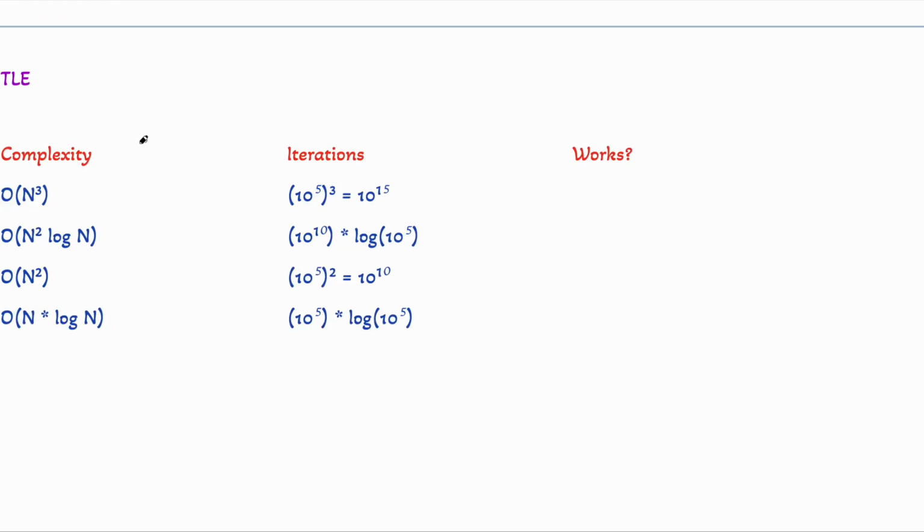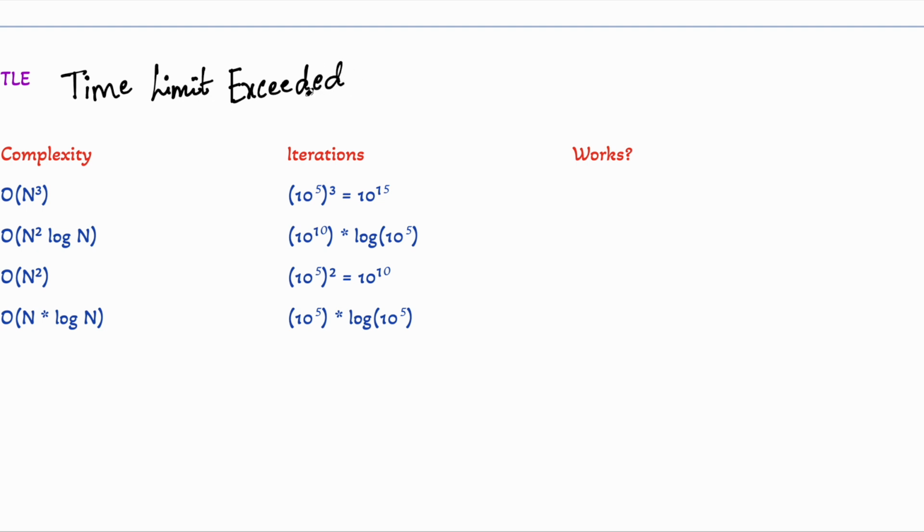And at last, I wanted to discuss TLE. This is a common problem that we face when we are solving DSA problems. We submit a solution and we get TLE. So what is TLE? Time limit exceeded.